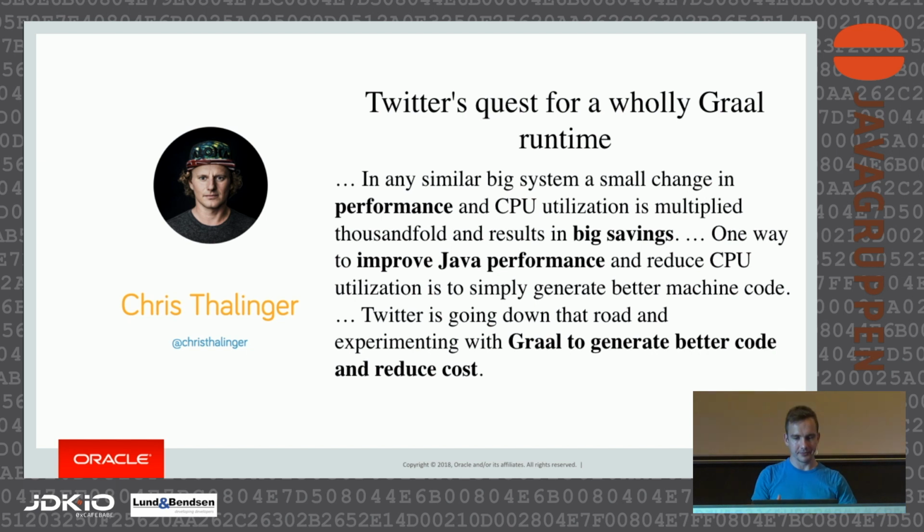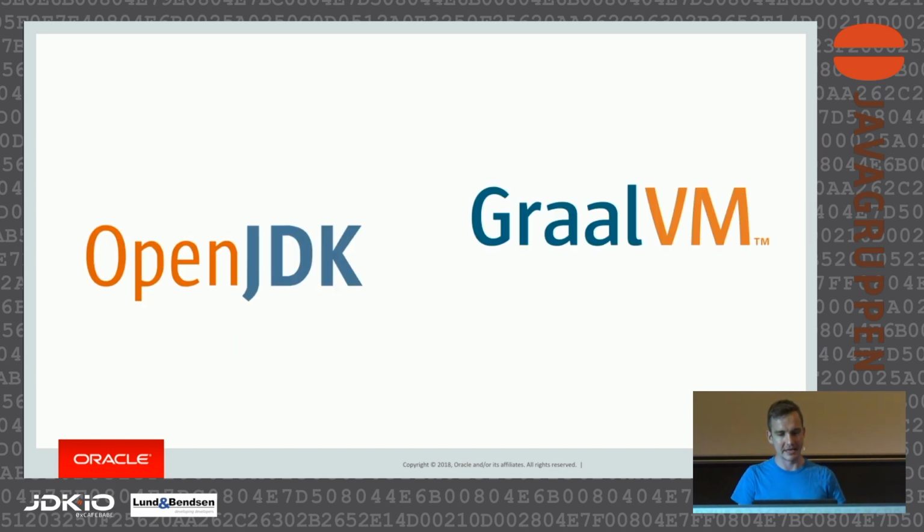And Chris Thalinger, a very good engineer from the Twitter VM team, has sessions at various conferences about how they use the Graal compiler to speed up their microservices and save money on the cloud. Savings, of course, will depend on how much of the cloud resources you use. Twitter is a large company, so anything they can save translates into money.